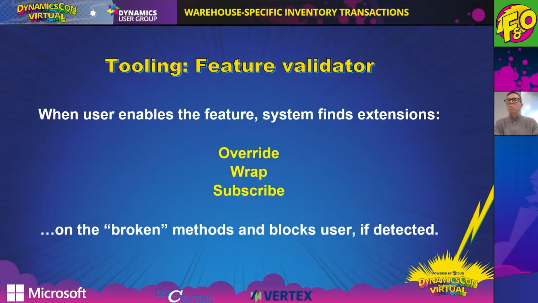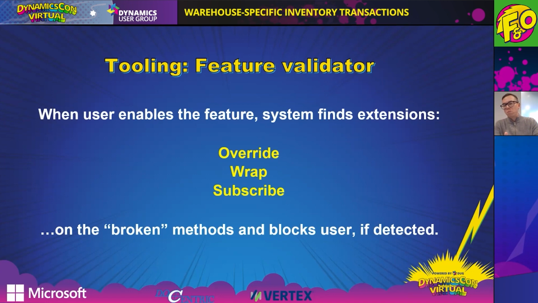Let's talk about two tools we are introducing, which we hope will help with finding customizations which need to be updated. The first of those tools is the feature validator. It functions as follows.